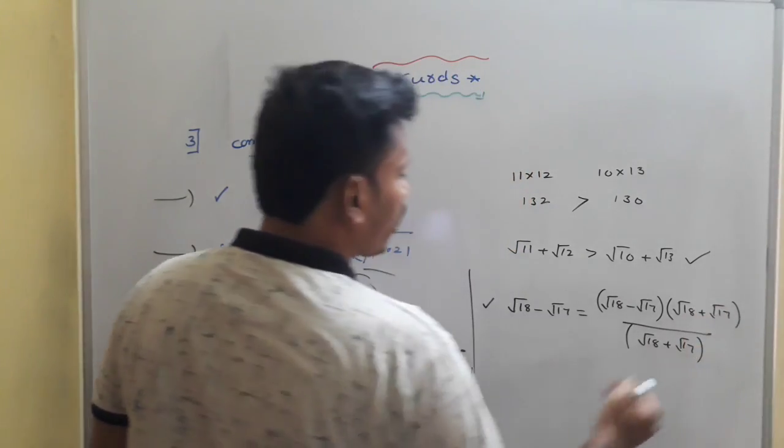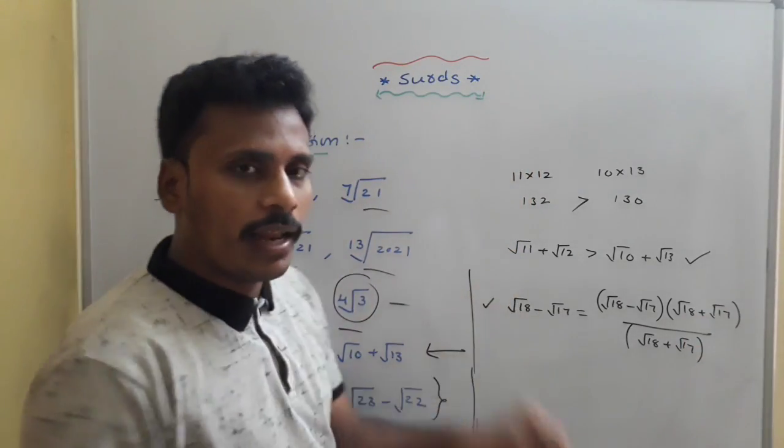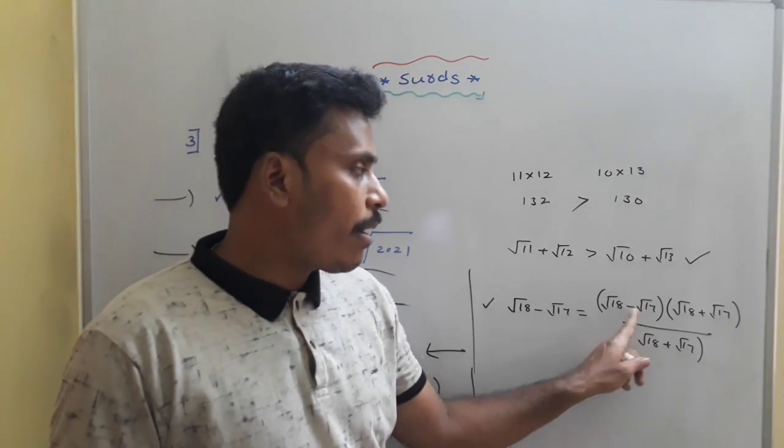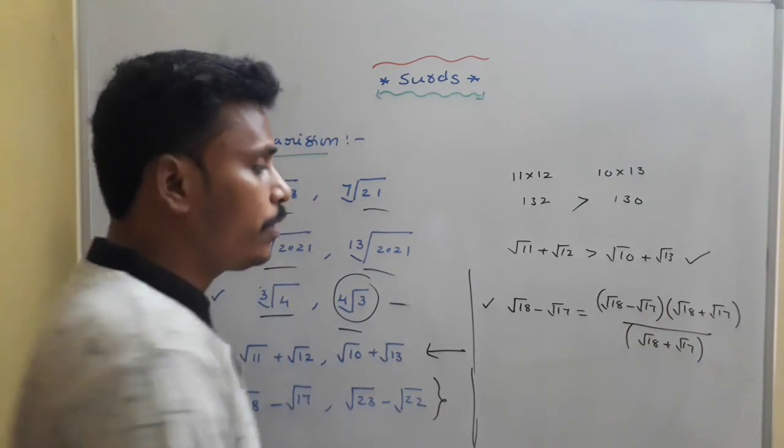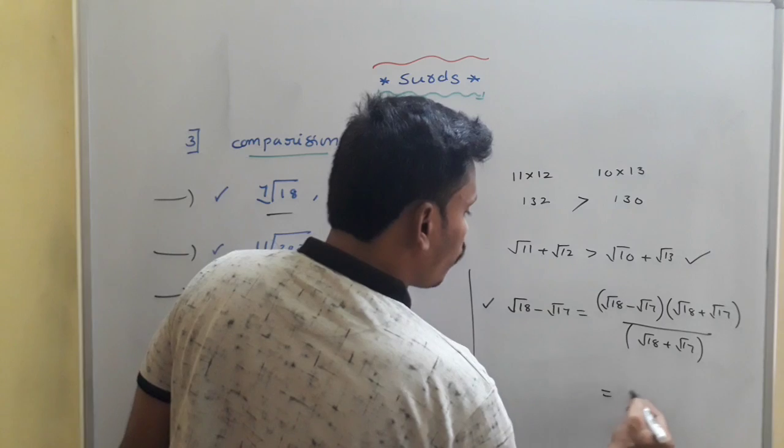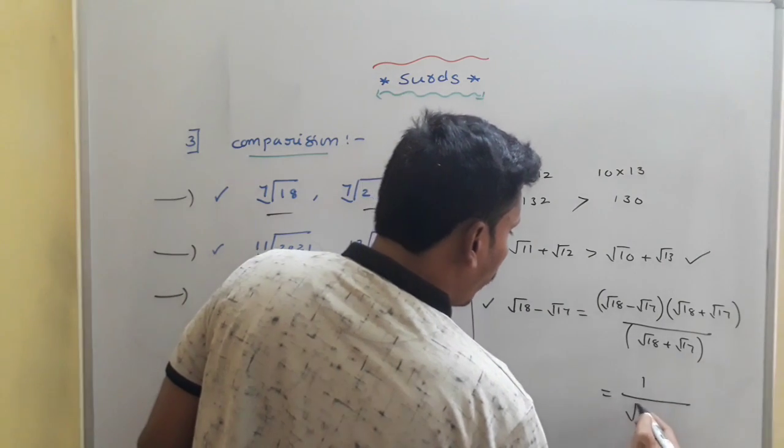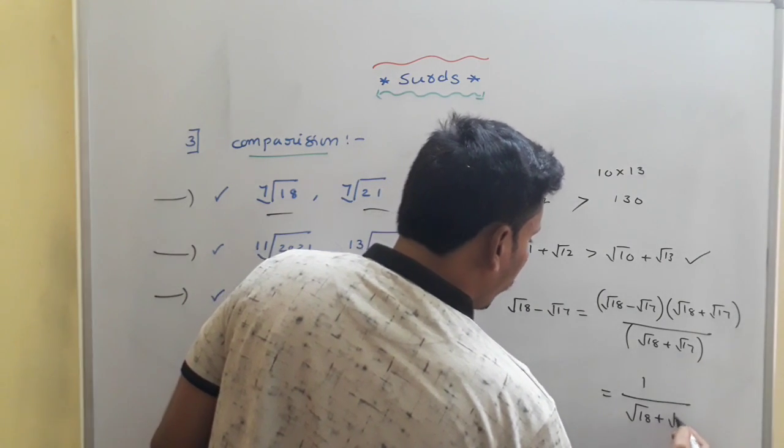Okay, just multiplication and division. So both sides are balanced. And now this side, a minus b into a plus b is a square minus b square. So 18 minus 17 is 1. So this side we have 1 divided by root 18 plus root 17.